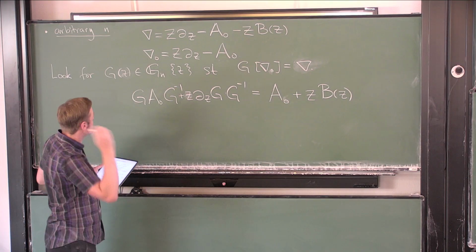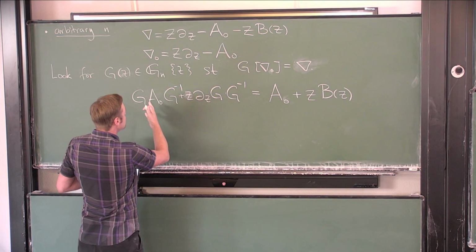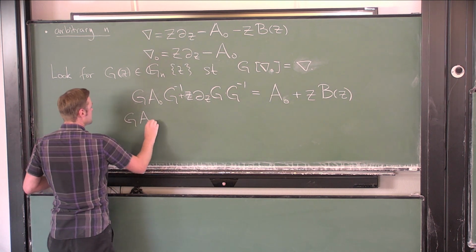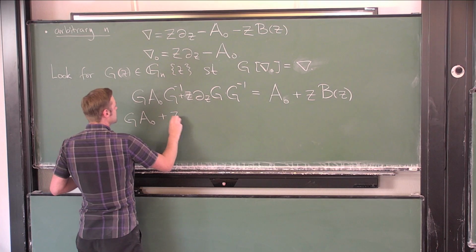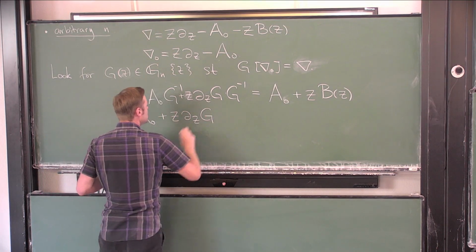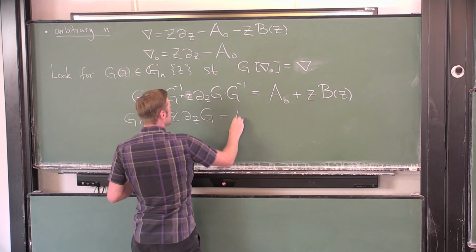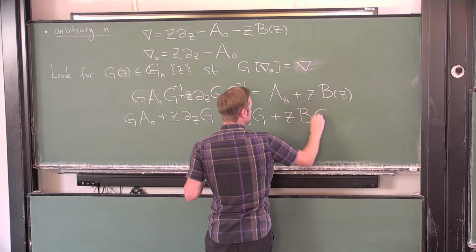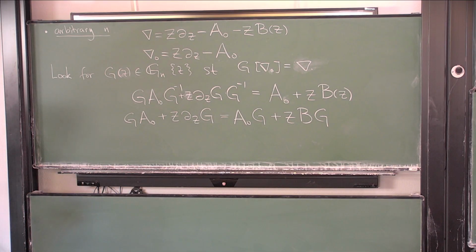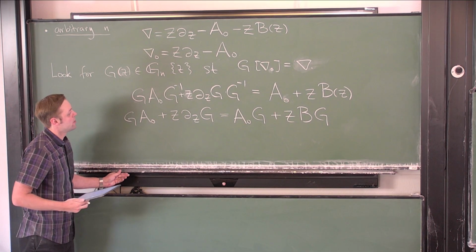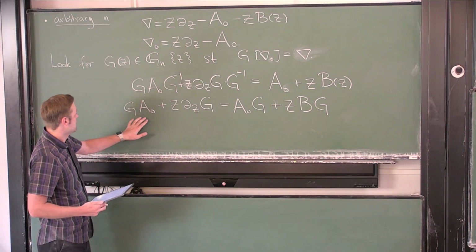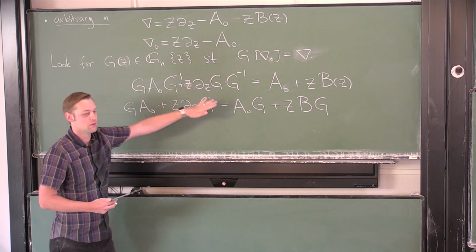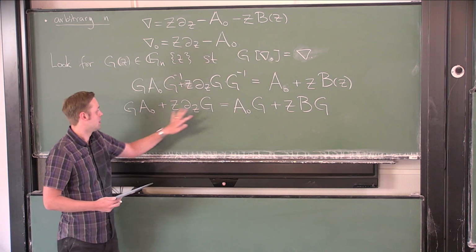So I'm going to massage this. What I will do first is multiply on the right by G, just to get rid of these G inverses. So I have G A naught plus z del z G is equal to A naught G plus z B G. Now I notice that here I have G A naught, and over here I have A naught G. If I bring one to the other side, it looks like a commutator.